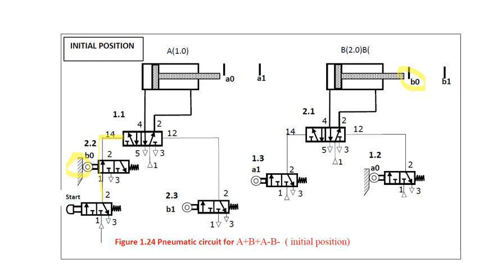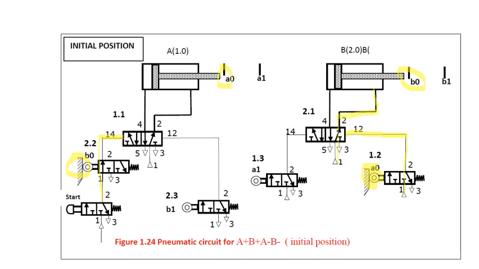The limit switch B naught is already activated, but it doesn't have an input signal, so it is waiting for its input signal. In the same way, cylinder A is also under the retract condition, and that is also generating a signal, right? That leads the cylinders to hold their original condition.